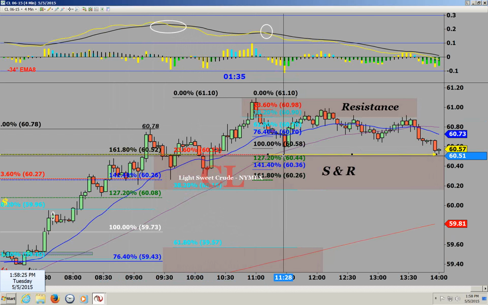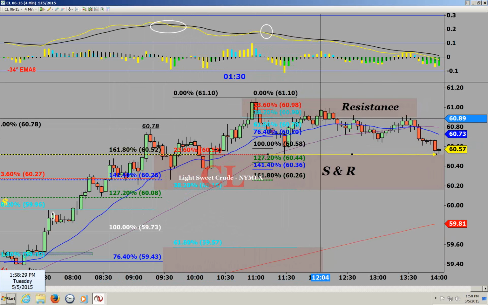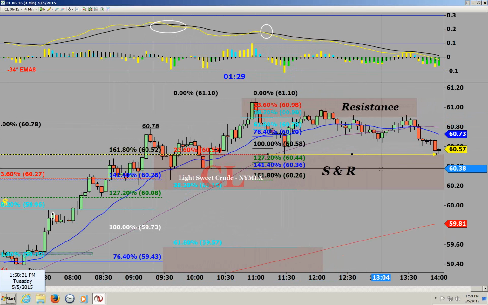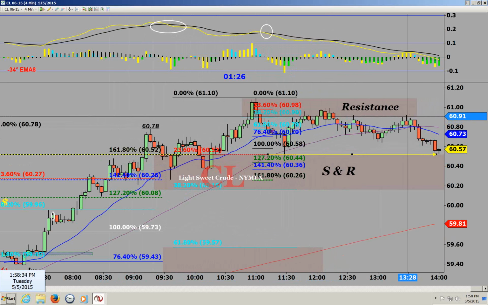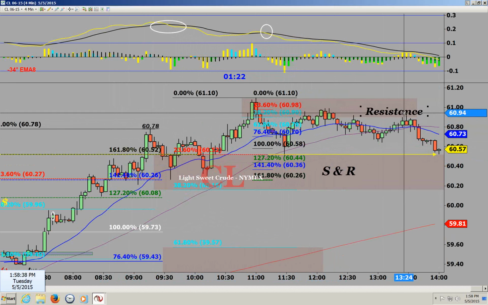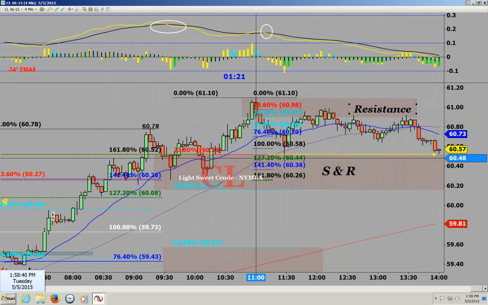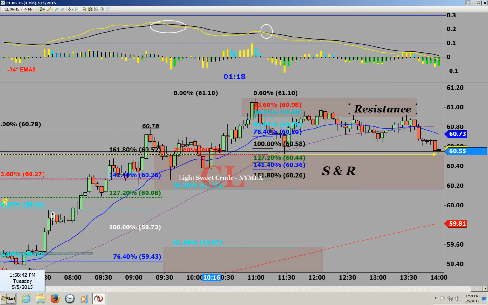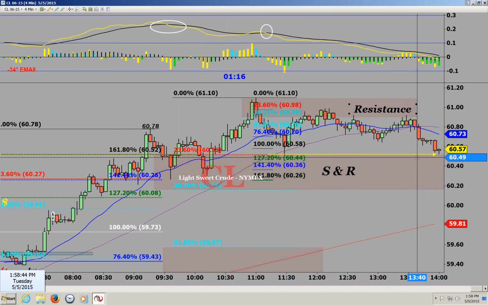It's hard to see, but it is a 1. At that, it pulled back into our resistance area and retested resistance here at your crosshairs right here and pulled back down into 60.52, that first target down.